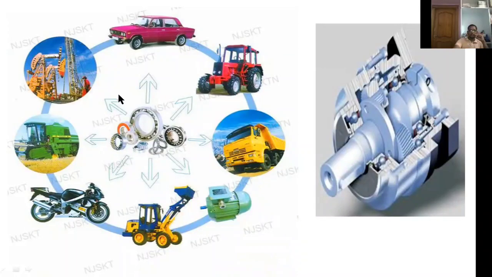Bearings are also used in automobile parts like cars, tractors, trucks, JCBs, bikes, harvesting machines, and petroleum lifting pumps. These are other examples for application of bearings. And this is the figure for a power transmission shaft.